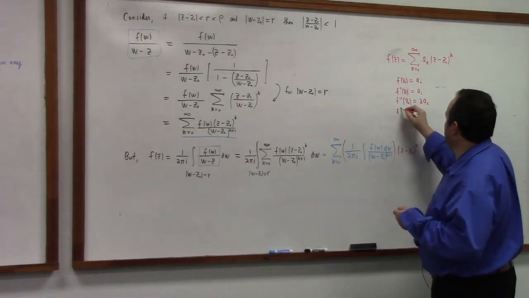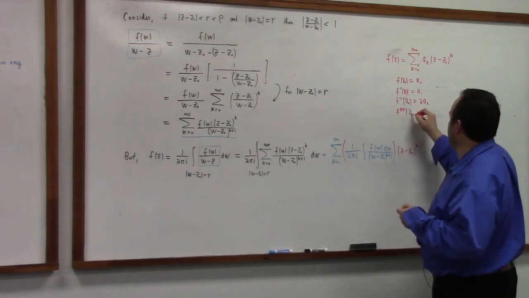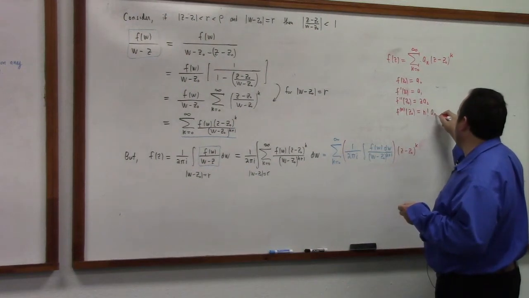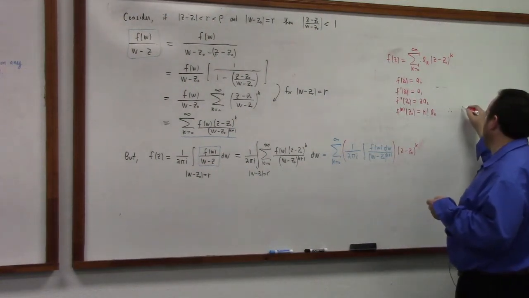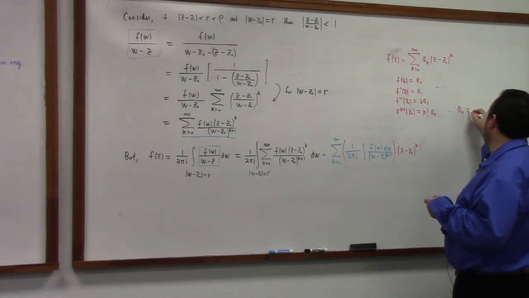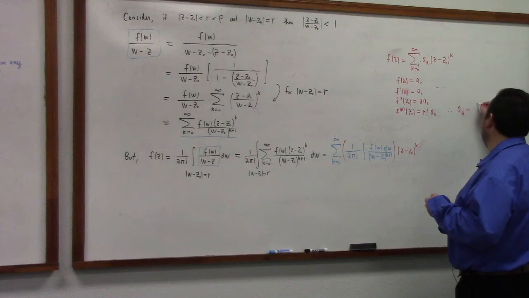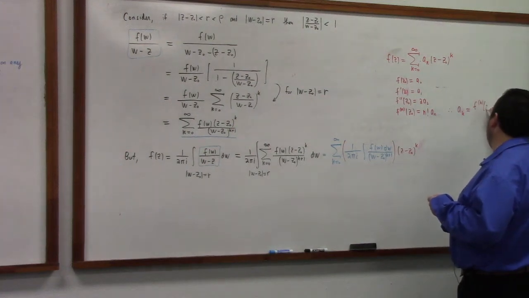And if you directly calculate the nth derivative at z naught using term-by-term differentiation, out pops n factorial times an. So the nth coefficient, or if I used k instead of n, the kth coefficient would be the kth derivative evaluated at z naught divided by k factorial, right?